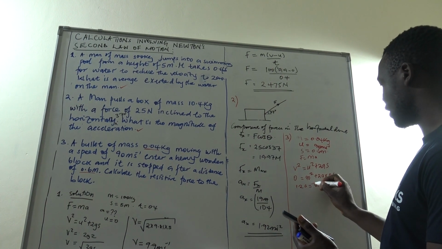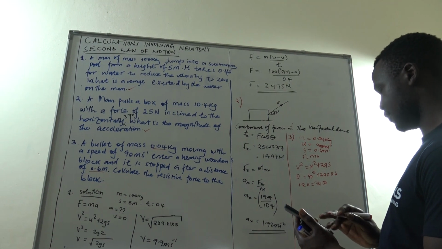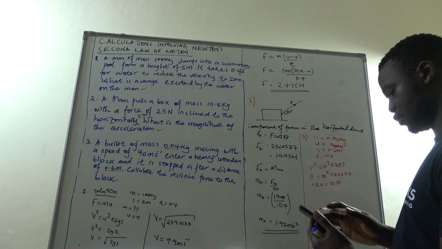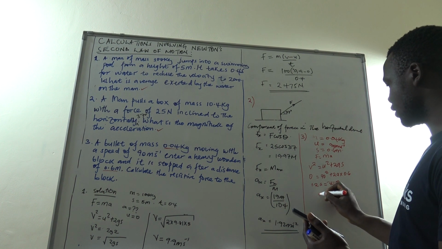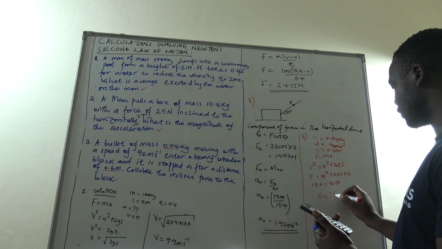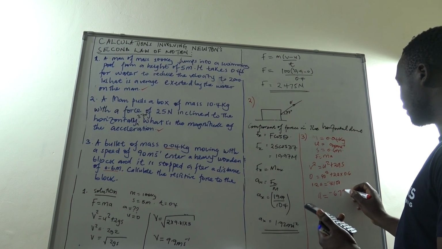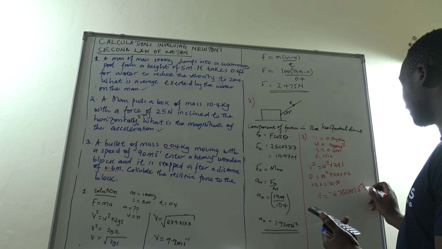Then this is negative. Now that value divided by 1.2, we get our acceleration to be negative 6,750 meters per second squared.